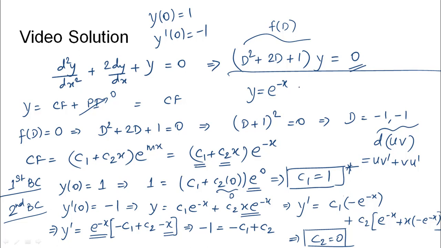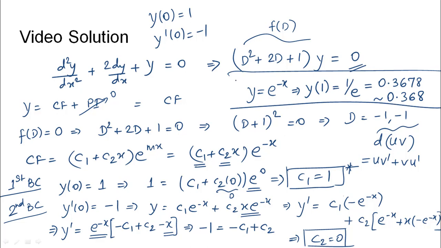We need to find the value of y(1). Substituting x as 1, we get 1 by e, which is 0.3678. This can be rounded off to 0.368 as the question instructs us to round off the answer to 3 decimal places. So this is our final solution, where y(1) has been obtained as 0.368.